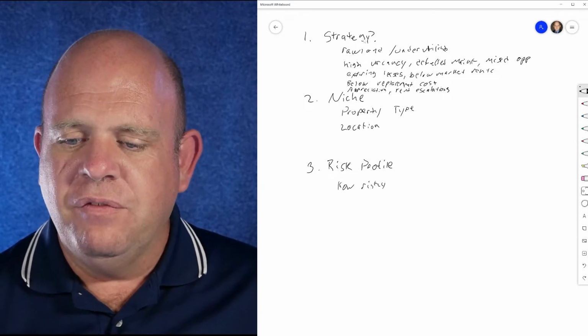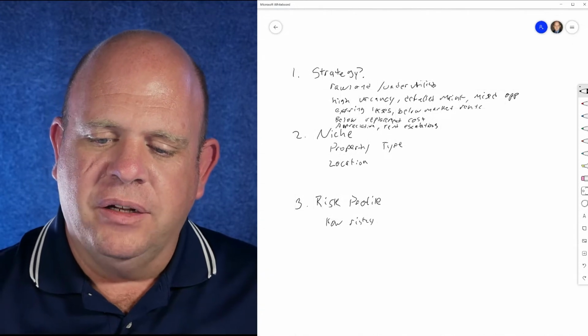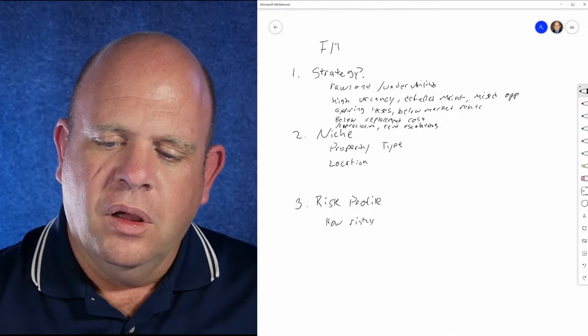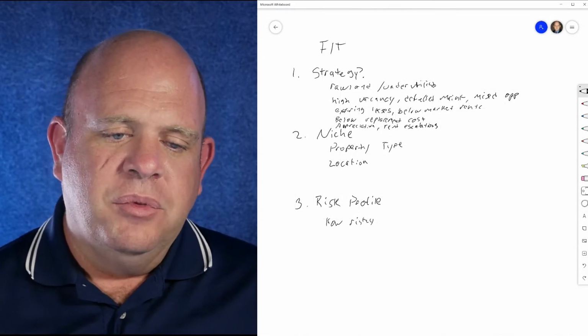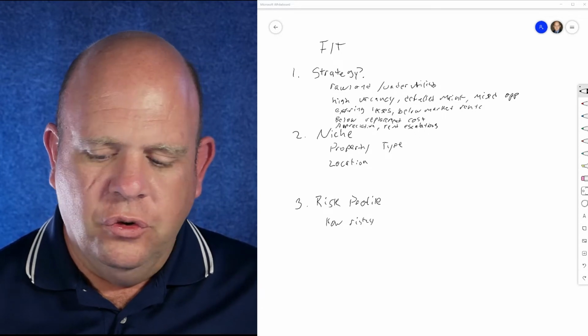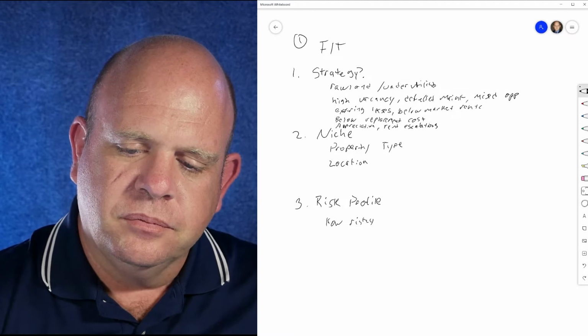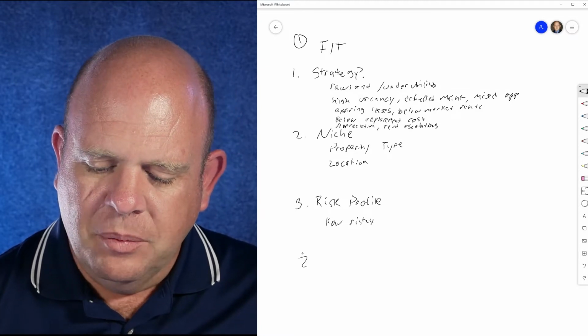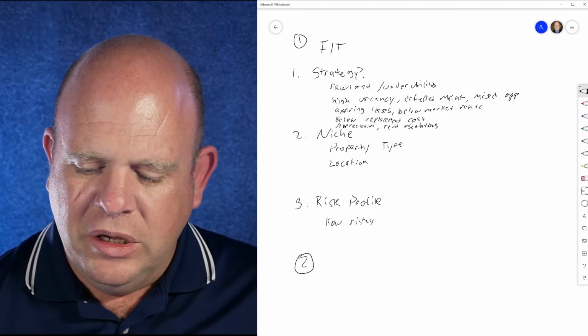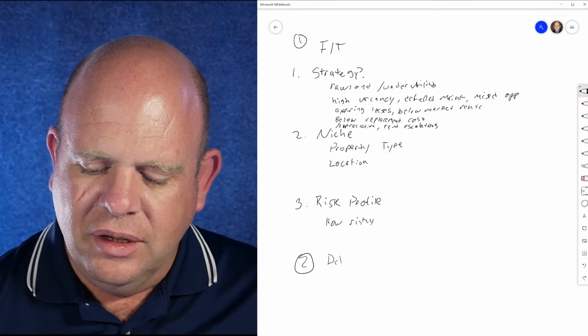So once we've identified our fit, then it's time to come over to our other steps. So this is step 1. Step 2 is we go to our existing database.